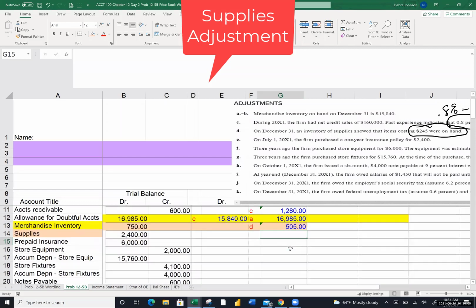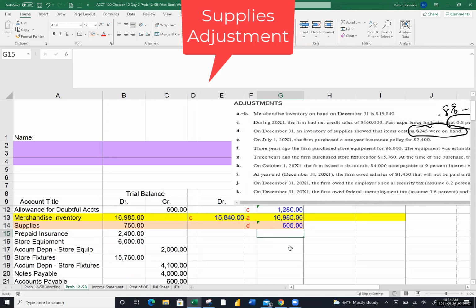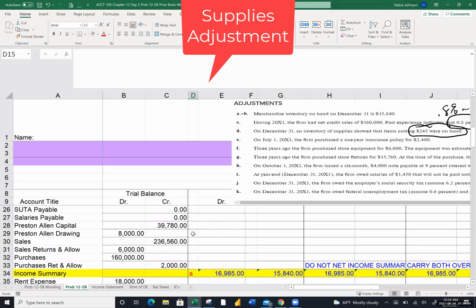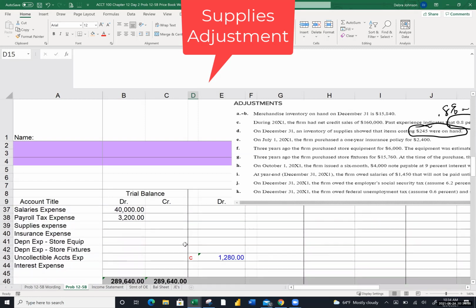So we need to go hit the expense account for that. Sorry for the interruption. Really apologize for that. We need to go put that in the supplies expense account. So let's go down to supplies expense and put that right here.